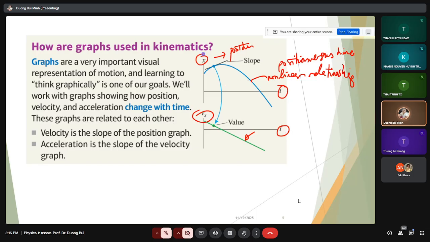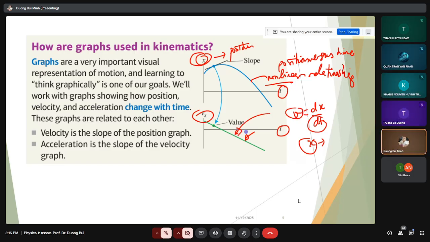If position is non-linear like this, velocity will be linear, because v is dx over dt. If x is a quadratic equation, then when we take the first derivative of position with respect to time, you get v, so v will be linear.